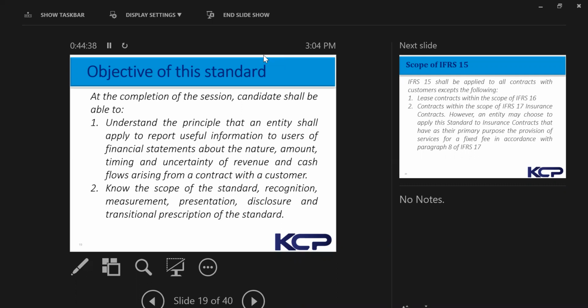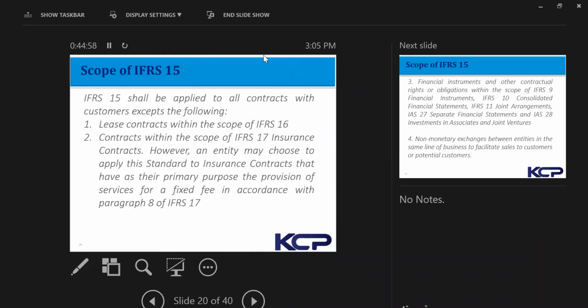Then, how do we recognize, measure, present and disclose, and what are the transitional provisions of the standard? How do you move from the existing IAS 18 to the new one? Any question?